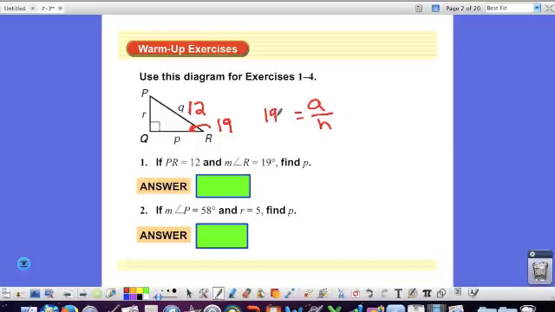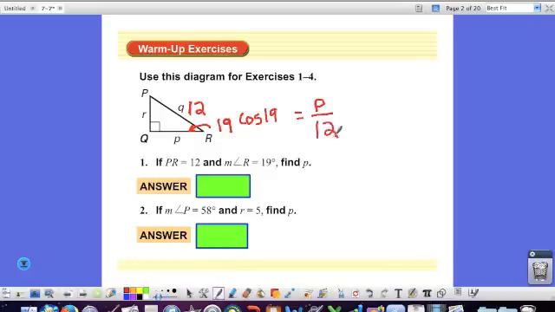If you remember from SOHCAHTOA, CAH is where I have adjacent divided by hypotenuse. So the cosine of 19 is going to equal the adjacent, which is P, divided by the hypotenuse, which is 12.